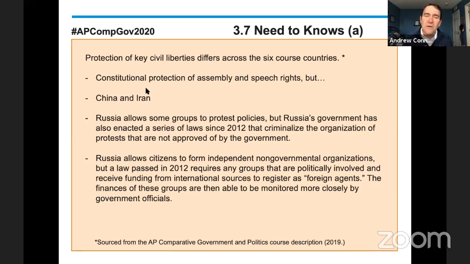And yet we know that in more authoritarian governments, particularly China, Iran, and very much to an extent in Russia, the protection of those civil liberties is really weak. And if there's any protection at all, it's when assembly or speech is interpreted to be against the government, or criticizing the government, or criticizing the central rulers of the government.